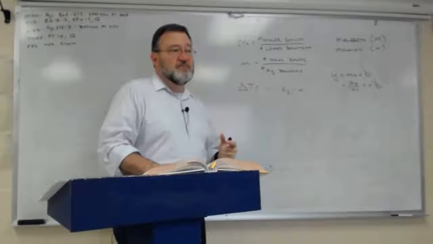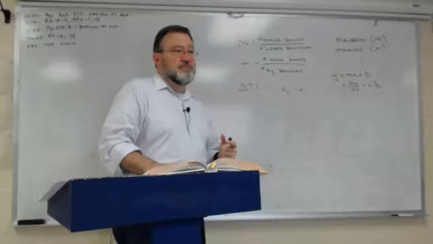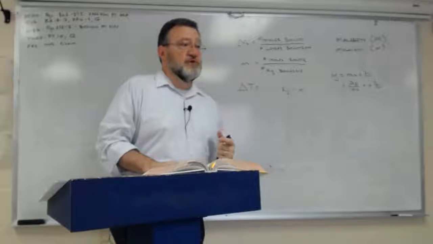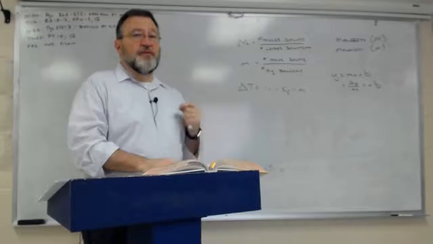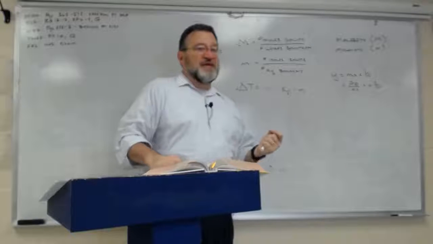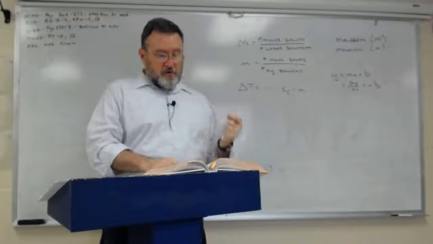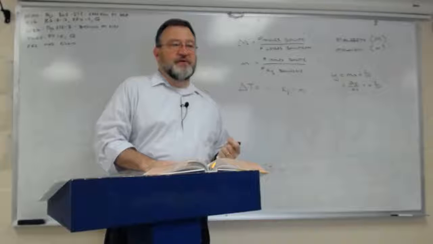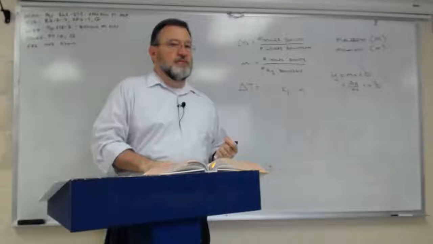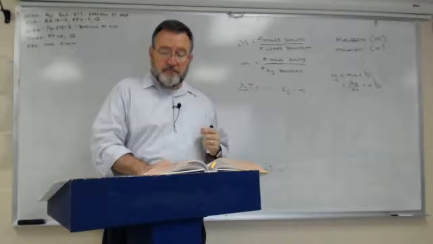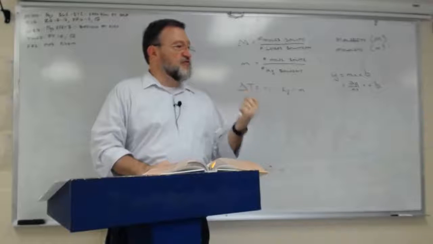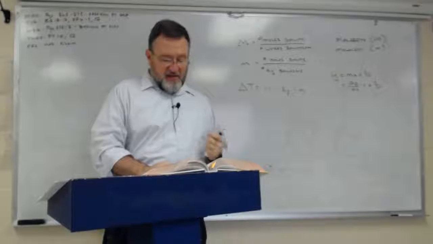Aluminum nitrate? It's ionic, right? It's going to dissolve into 3 nitrate ions and 1 aluminum. So what is the i going to be? 4. Right? It dissolves into 3 nitrate ions and 1 aluminum ion, so my i is going to be 4.